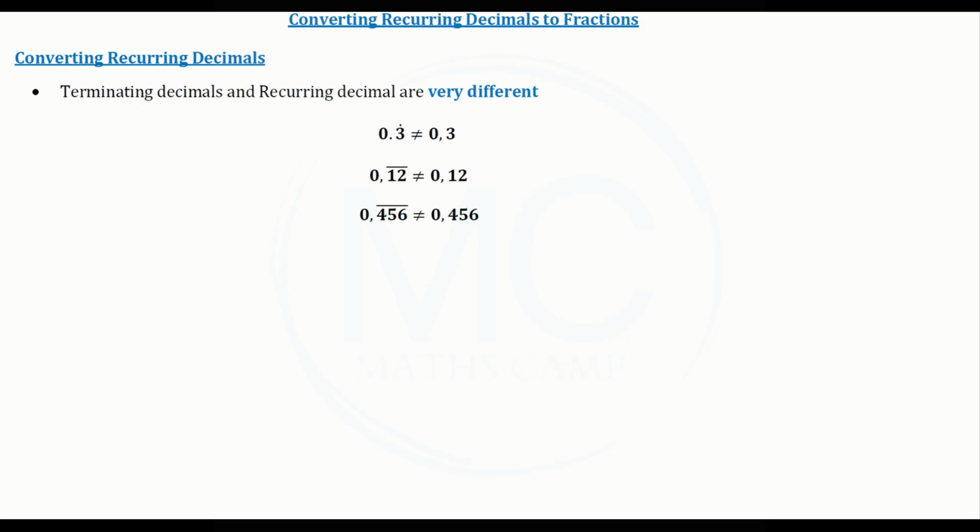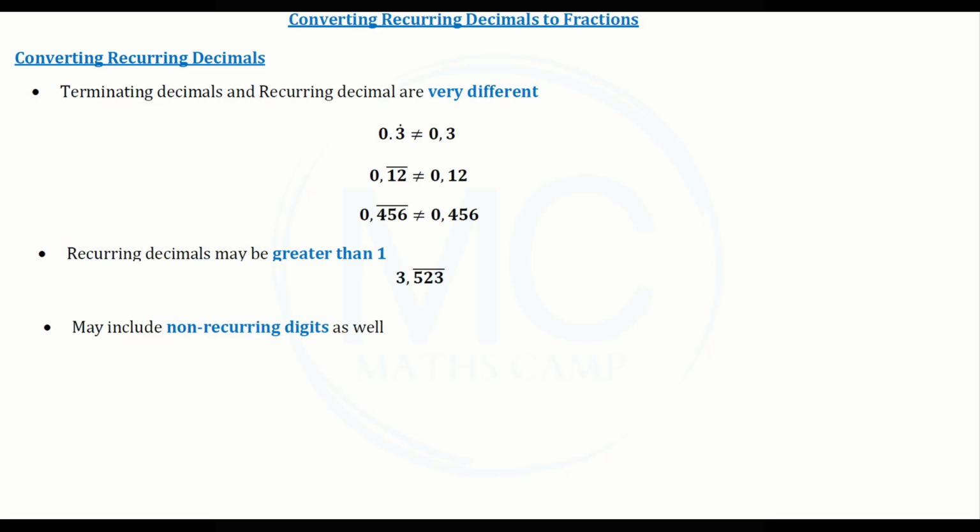When working with recurring decimals, you will see examples that are greater than 1, such as 3,523 recurring. You may also see decimals with non-recurring digits. Here we have 0,13 recurring, where 1 is our non-recurring digit. We may not be able to convert recurring decimals to fractions in the same way we have converted terminating decimals, but we can still convert them.